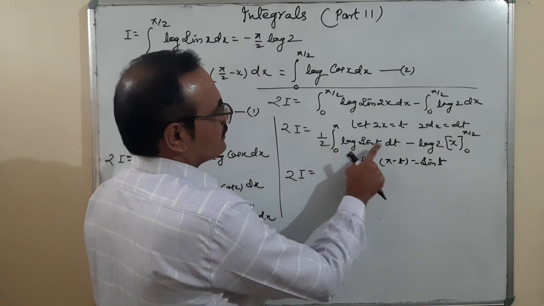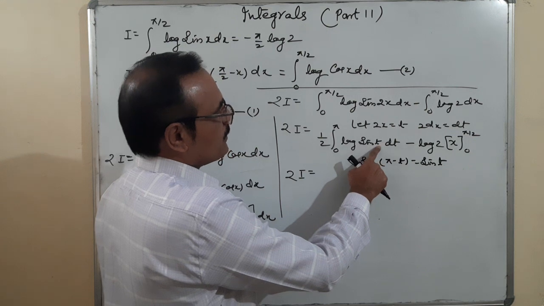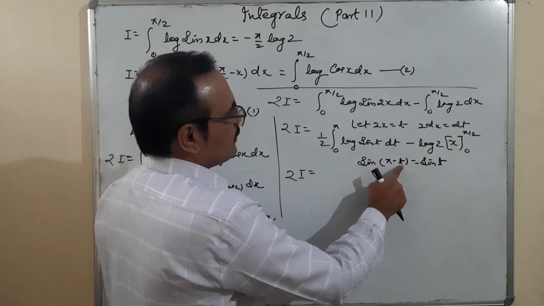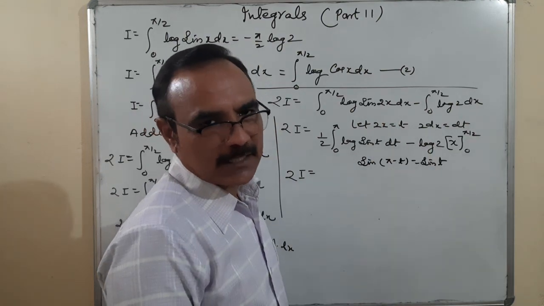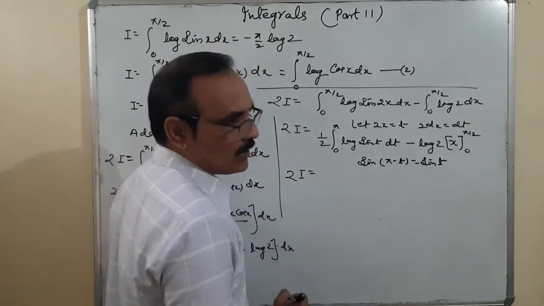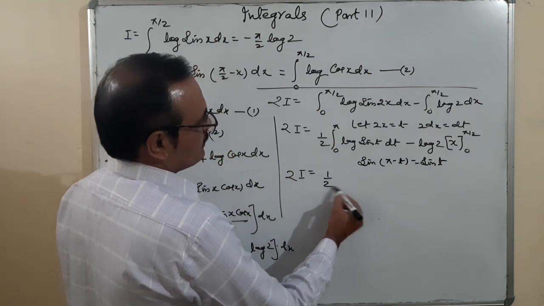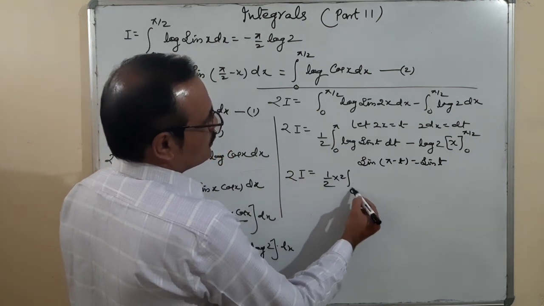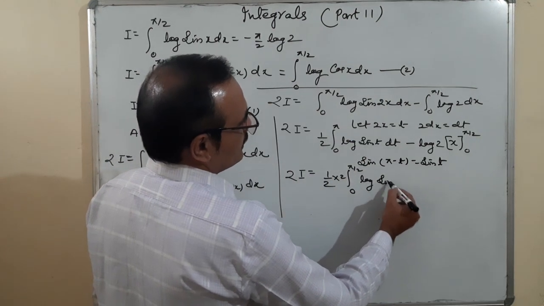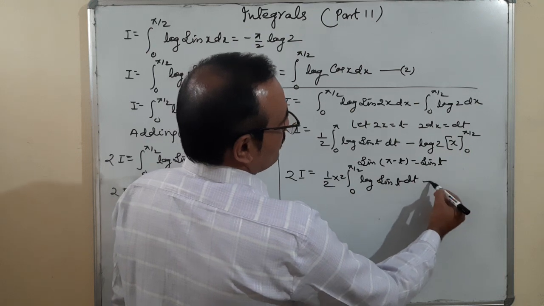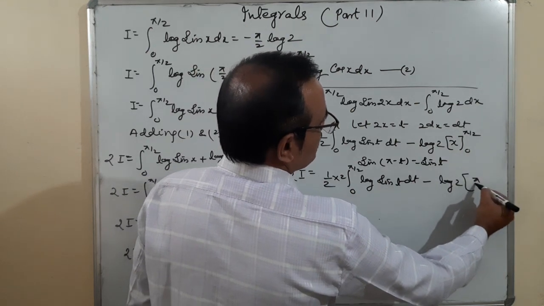The upper limit is put into sin(pi minus t), so t is subtracted from the upper limit. Sin(180 minus theta) in the second quadrant is positive, so the minus sign does not come out. It is an even function, so we write 2 outside, from 0 to the half upper limit, log sin t dt, minus log 2 times (pi by 2 minus 0).